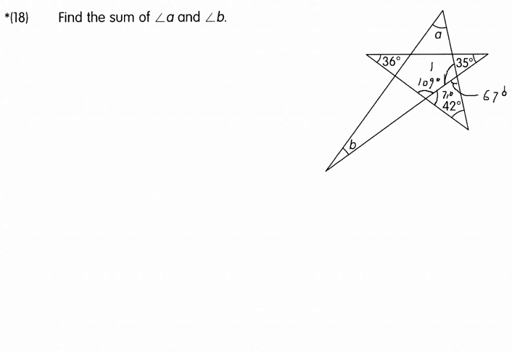But I already know that A plus B is 67 degrees, yes? Anyone has any problem so far? I know there's many methods of solving. Just find out triangle by triangle. If eventually you need to solve all the angles on the diagram, just do it. Do whatever it takes to solve the question.